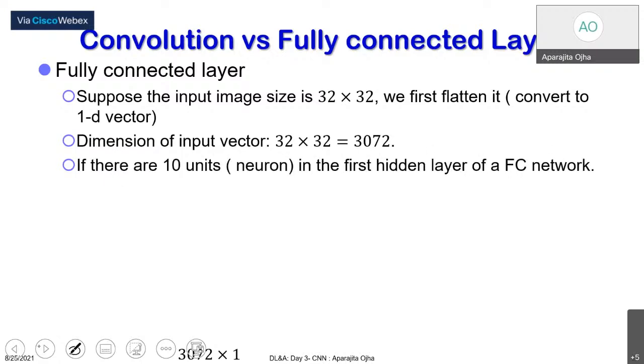Suppose there are 10 units in the first hidden layer of an FC network, then each unit looks at the full input vector. That means it is receiving all the inputs, 3072 different inputs.